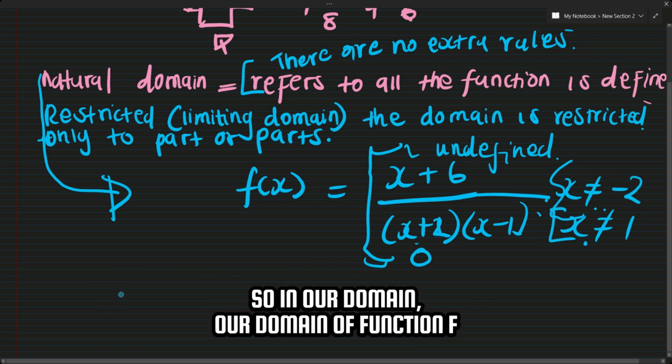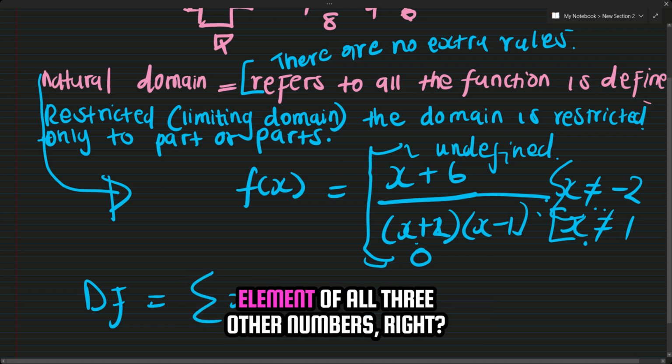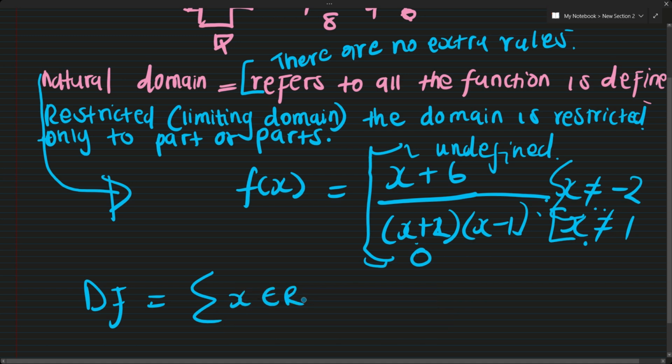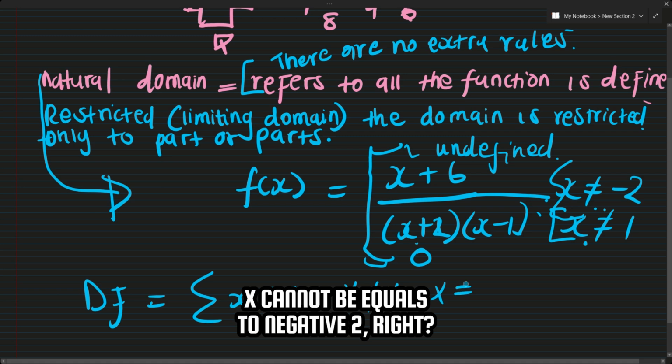So the domain of function f is going to be equals to x is an element of all real numbers, right? But x cannot be equals to 1 and x cannot be equals to negative 2, right?